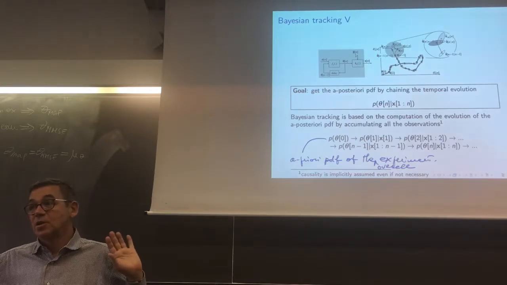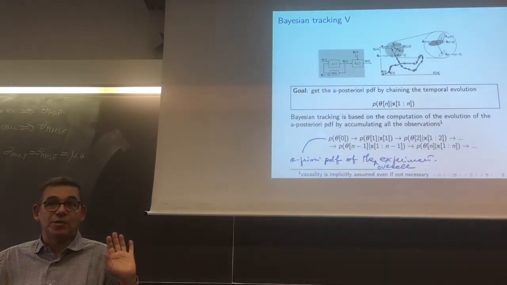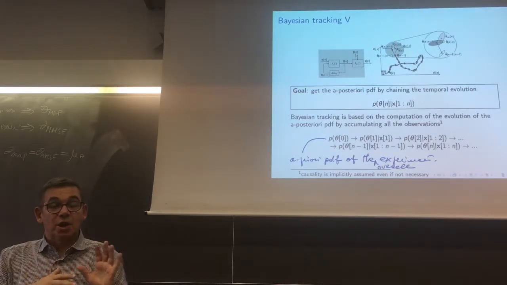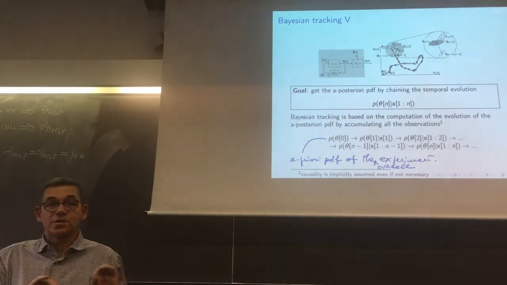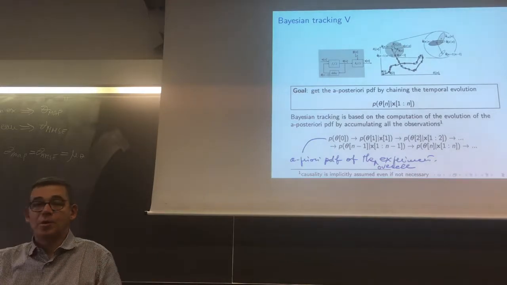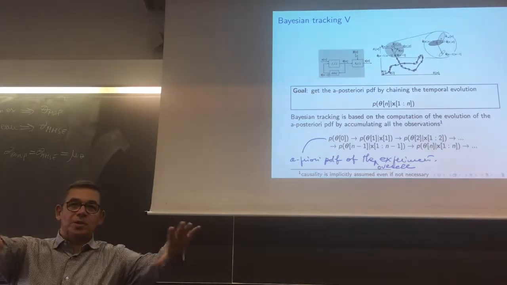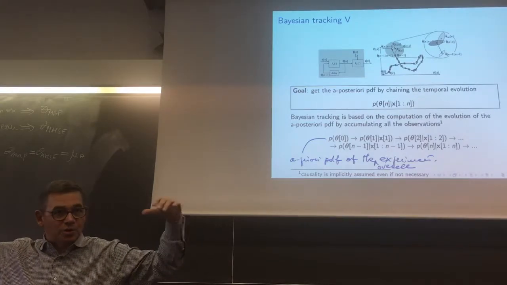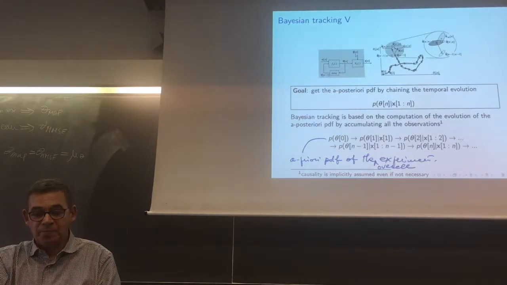Uniform means it's everywhere inside here; you are not preferencing any position inside. So you know that I'm inside, then you put a uniform a priori distribution. You know that there is a lecture, so you put the a priori close to the board. So this is just to say.